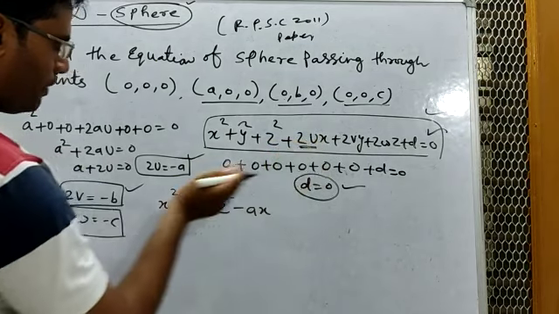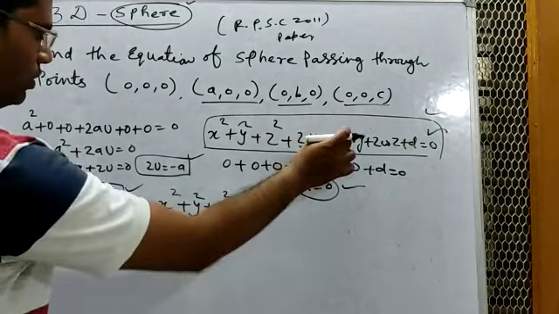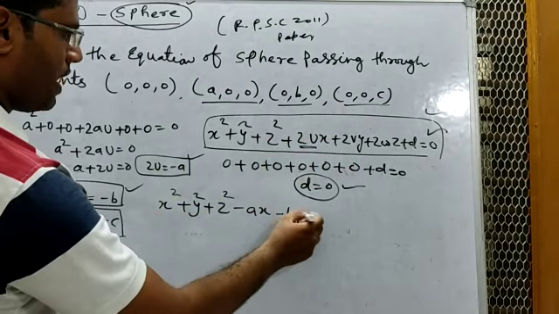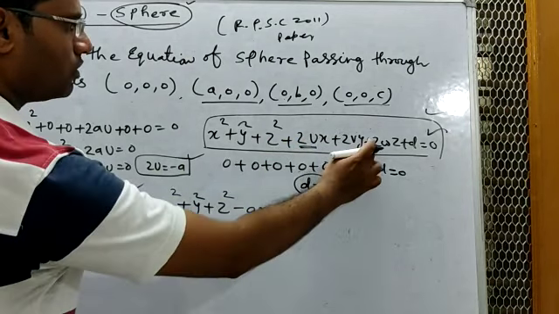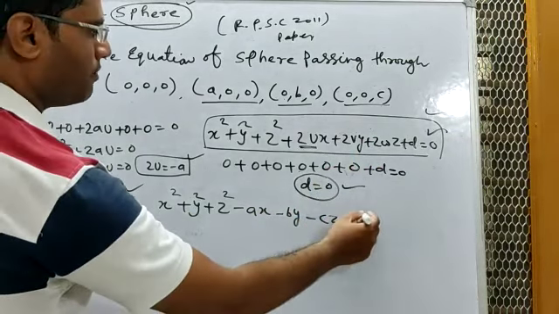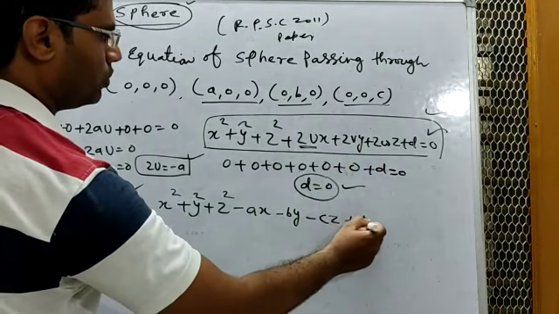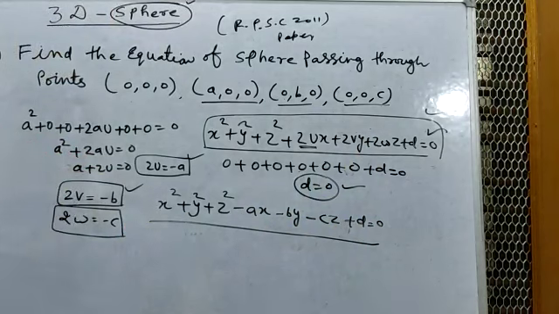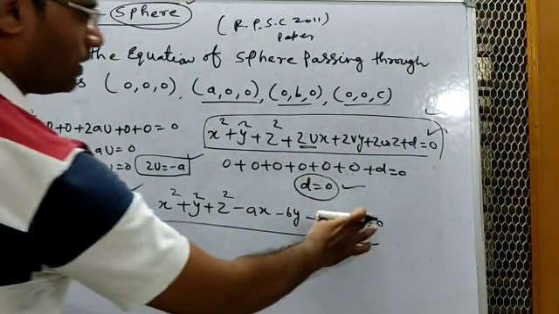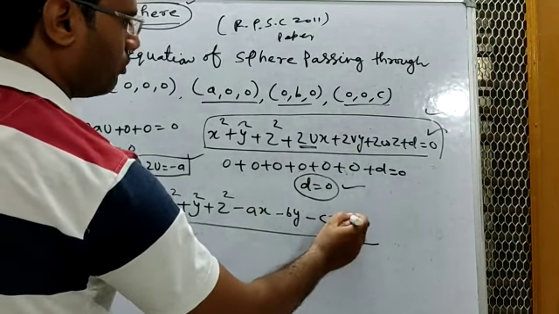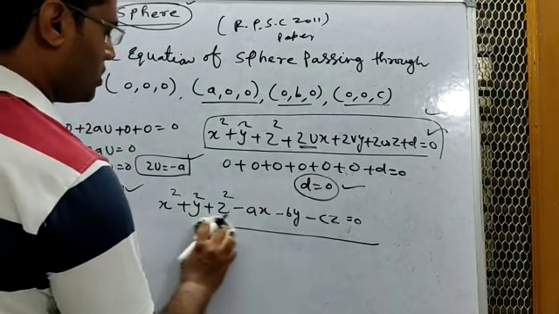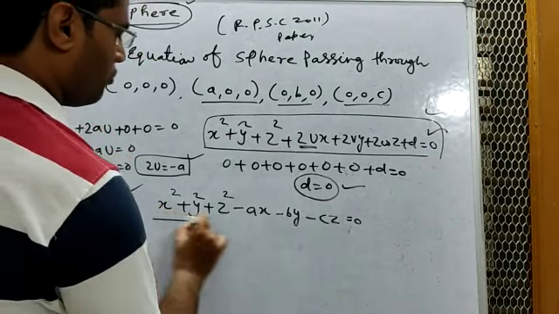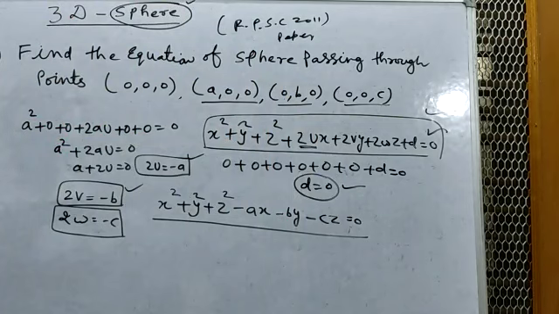We put in place of 2u equal to minus A, 2v equal to minus B, minus Cz and plus d equal to 0. Hence d already became 0. So this is our correct answer for this given question.